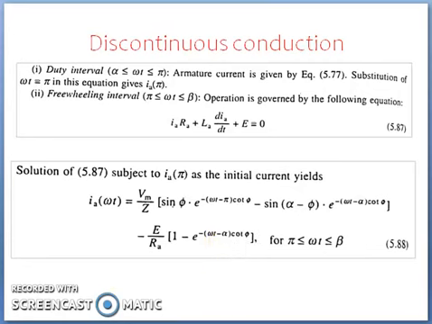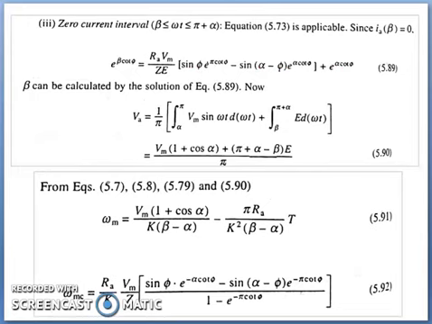Next, the third interval, the zero current interval, omega t between beta and pi plus alpha, is when Ia of beta is equal to 0. The equation is written here, involving e raised to beta cot phi.